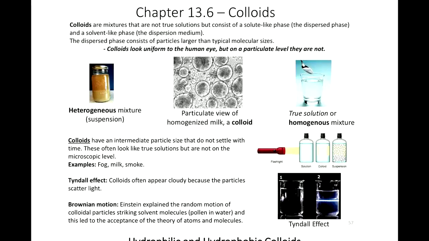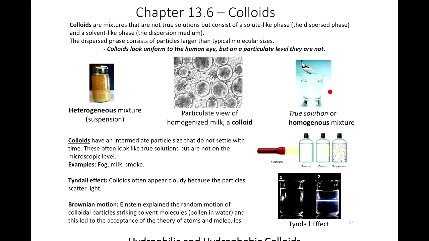So we can call those types of mixtures suspensions. We're still going to mainly ignore those, where you have solid particles mixed in with your liquid. A saturated solution would be an example of a heterogeneous mixture because you have solid present and the solution around it. If you shake it up, the solid doesn't dissolve, it just floats around, but then over time it settles to the bottom, right?